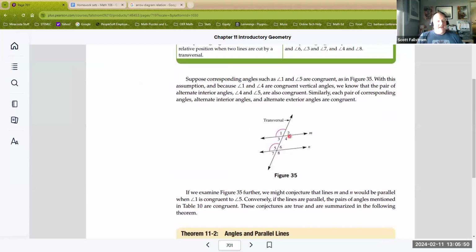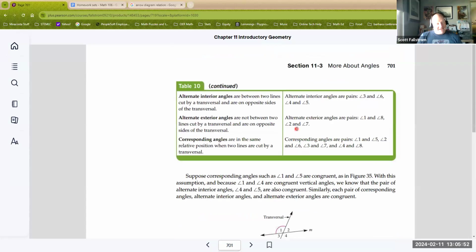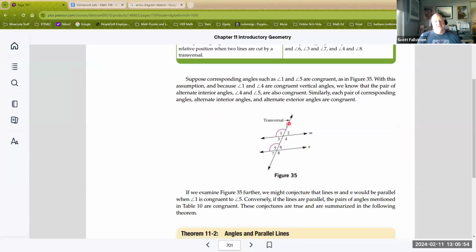So there we go. Now, what we get to see in this section, again, 11.3, is those transversals. What's interesting is if the angles like 1 and 5 are the same, which we call congruent, then the lines will actually never intersect. And it's not just true for corresponding angles like 1 and 5, it's also true for alternate interior angles and alternate exterior angles.